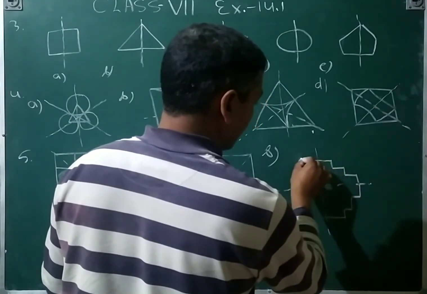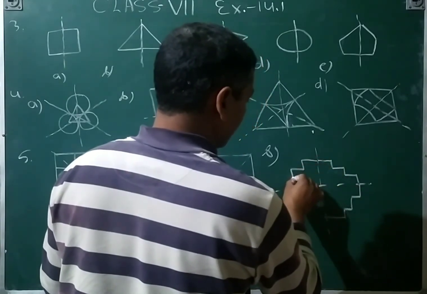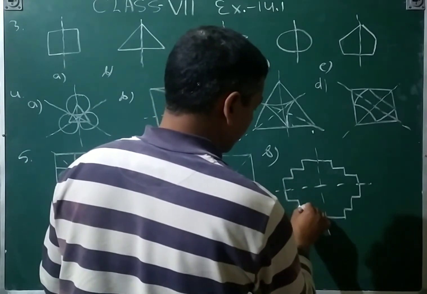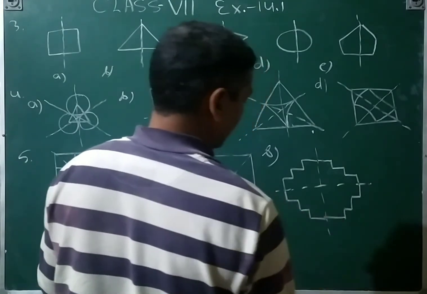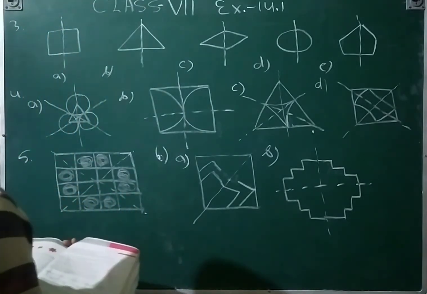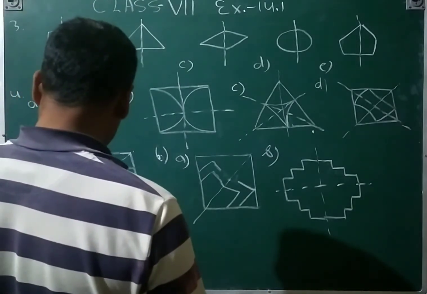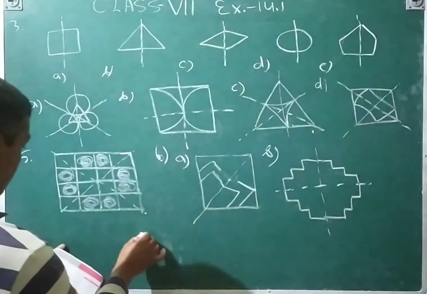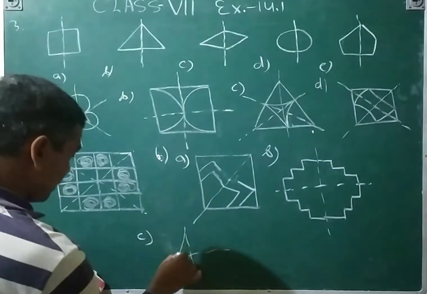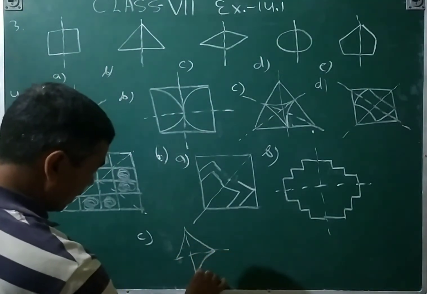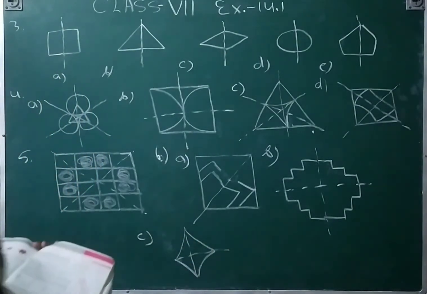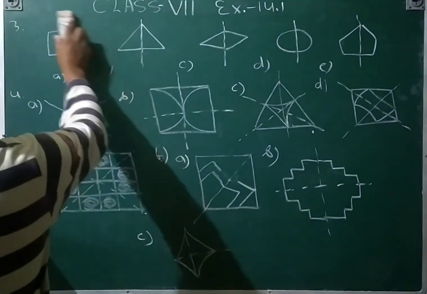Here also 1, 2, 3, and similarly here also 1, 2, 3. Like this you will draw the diagram, and then the C part also you can do like this. In the C part you use the graph, then your diagram must be clear like this. You can do, okay. And then question D part you can join.